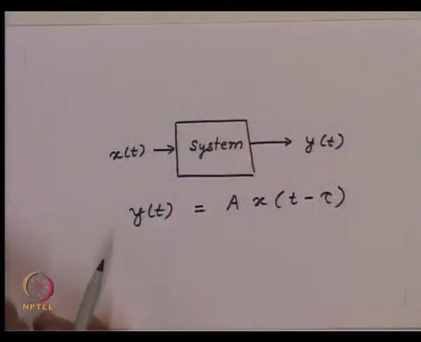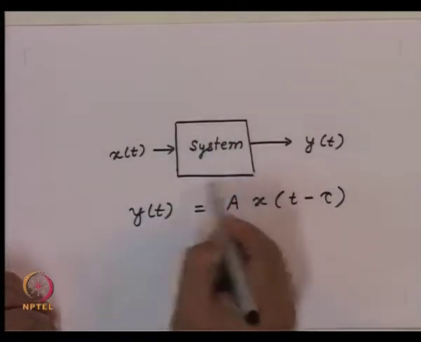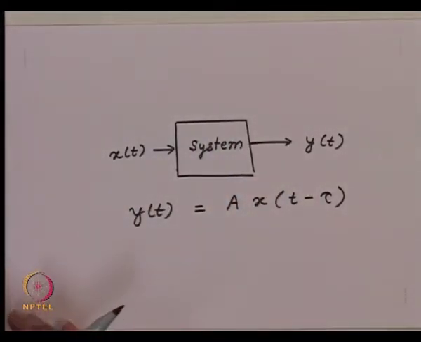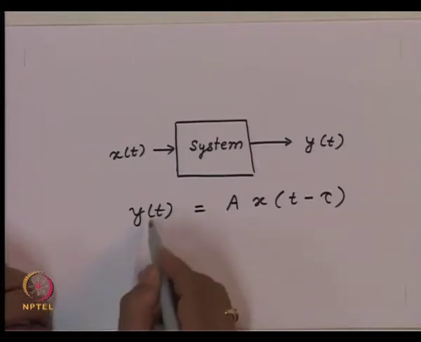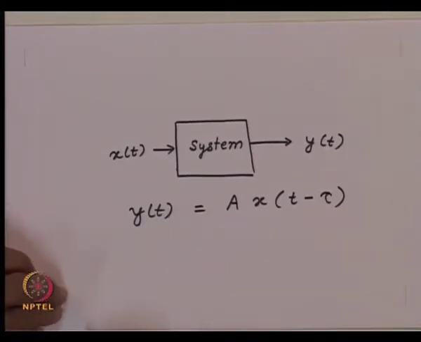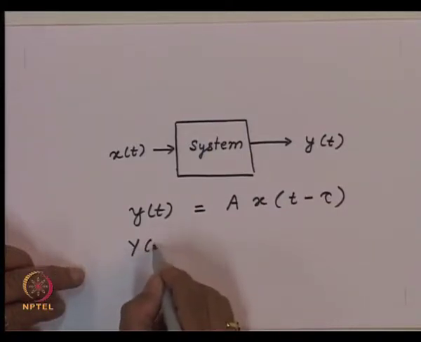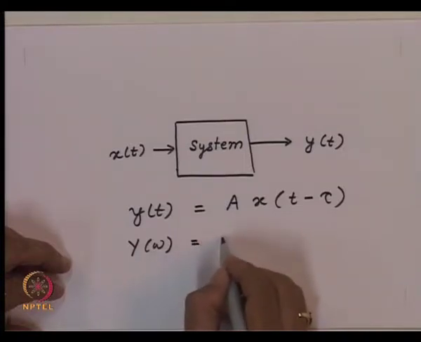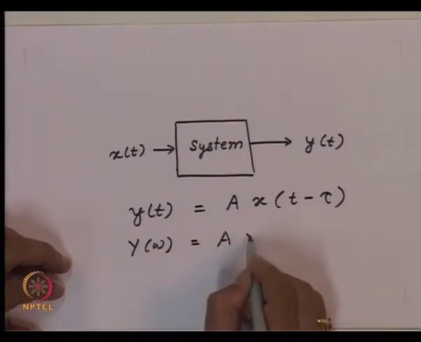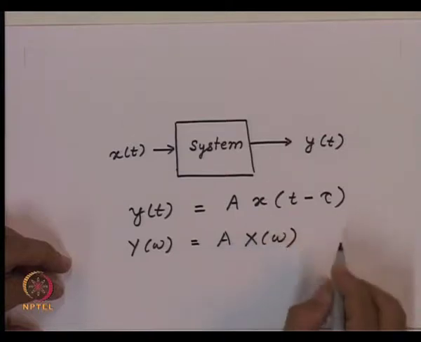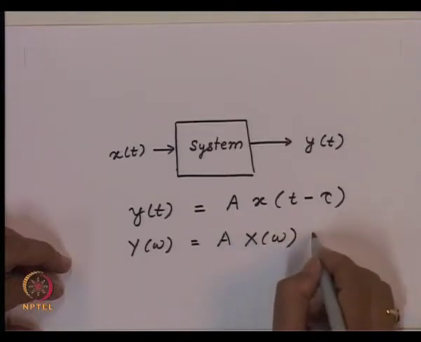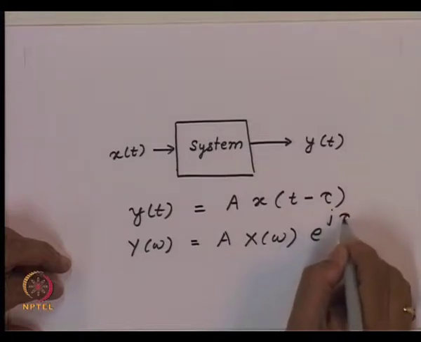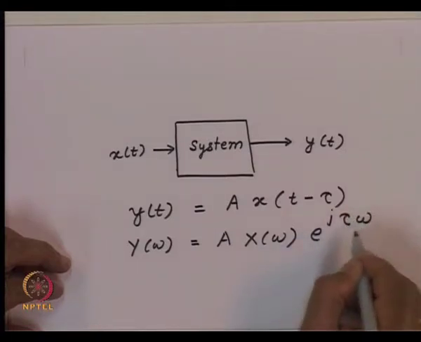One can then ask a question, to get this behavior in time, what should be the frequency response of this signal? So, if I take the Fourier transform of this signal, you can get y of omega, that will be equal to a x of omega e to the power minus j tau omega.